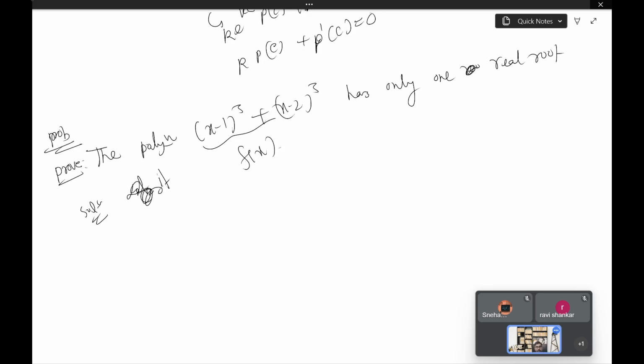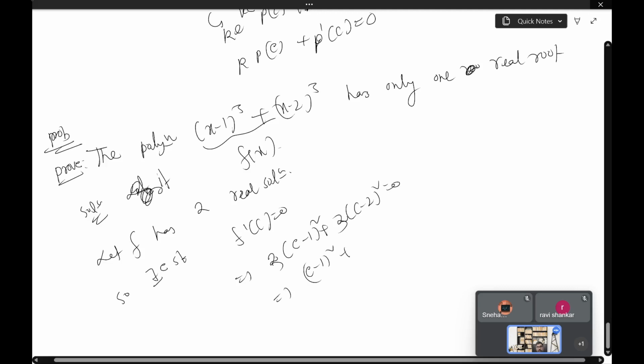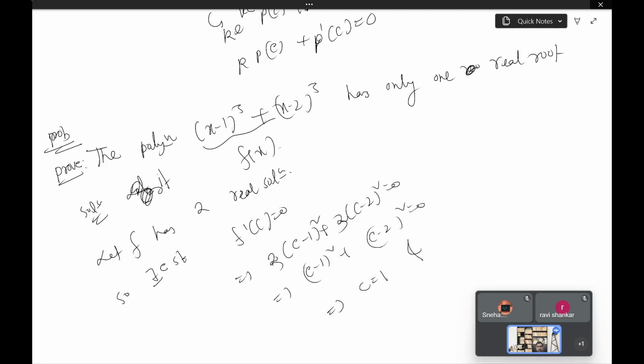So let f have two real solutions, such that f dash c is equal to 0, right? This implies what? f dash c will be 0 into (c minus 1) whole square plus k into (c minus 2) whole square. This implies c equal to 1 and c equal to 2. Contradiction, right?